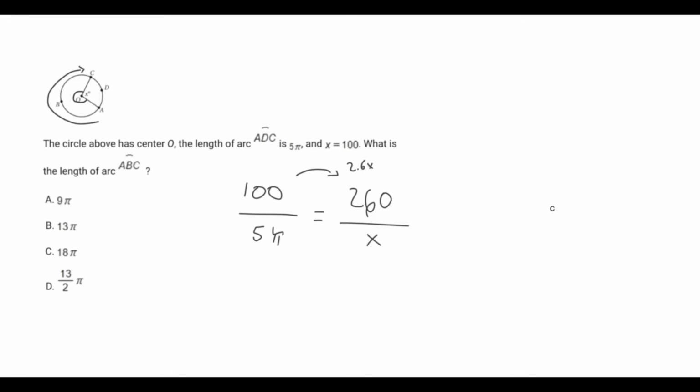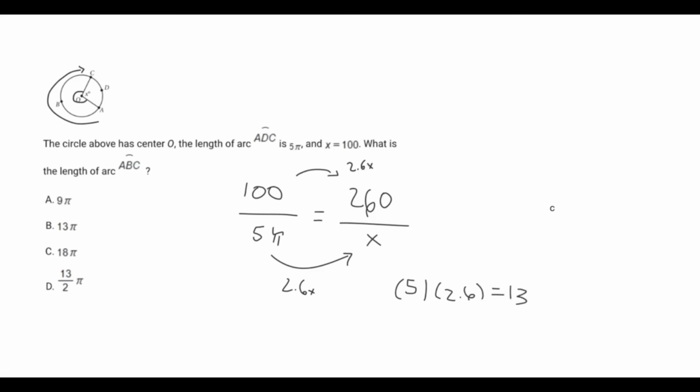And so for the same thing on the denominator, to keep this ratio constant, we also have to multiply this by 2.6. And so here we can just do 5 times 2.6 pi. And that's the same thing as multiplying 5 pi by 2.6. So 5 times 2.6, that will give us 13, right?